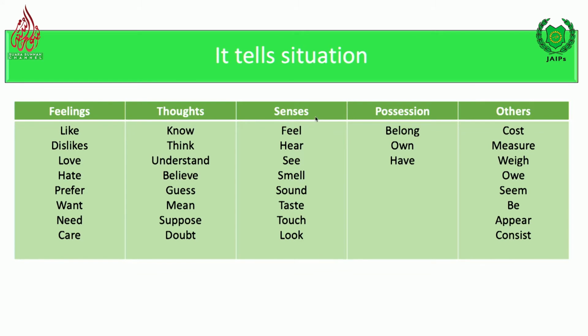For senses, we have feel, hear, see, smell, sound, taste, touch, look. And for possession, you have belong, own, have, and there are many others like cost, measure, weigh, owe, seem, be, appear, and consist. These verbs are called stative verbs.